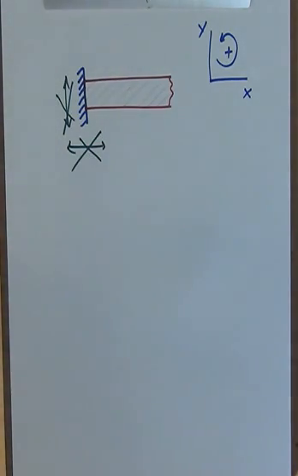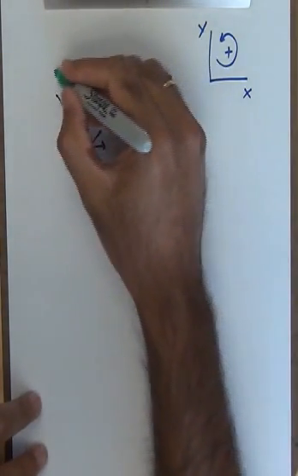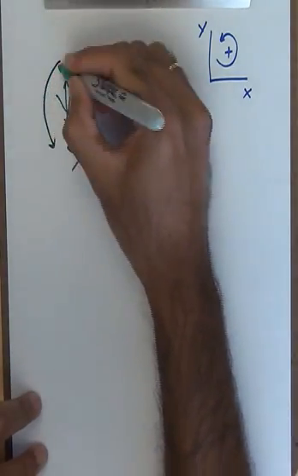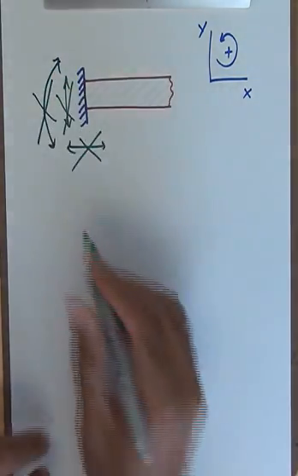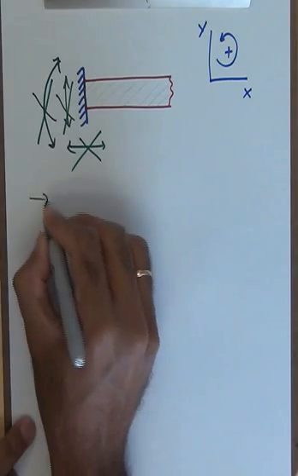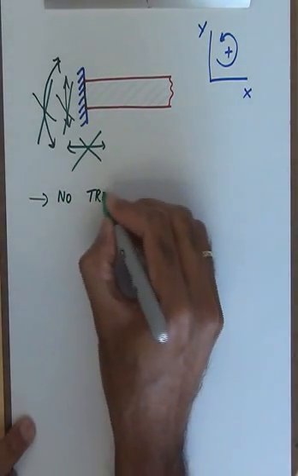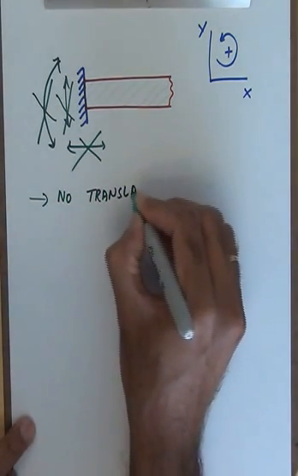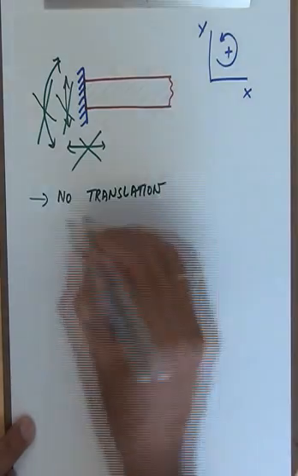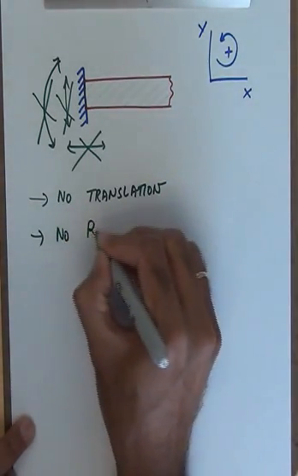And you see, if something is fixed, if I try to bend it, there is going to be a certain resistance to the bending itself, which means that I am also unable to bend it. So if I try to rotate it, that is also not possible, which means no translation at all, and no rotation.